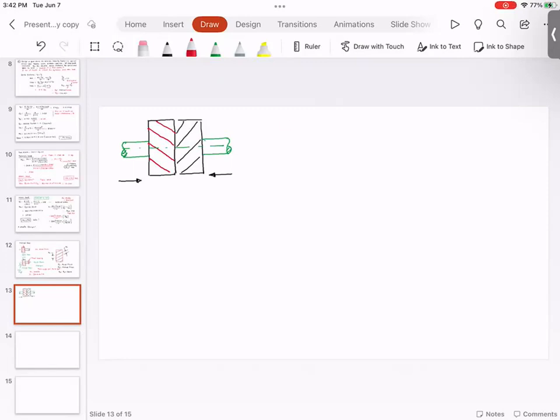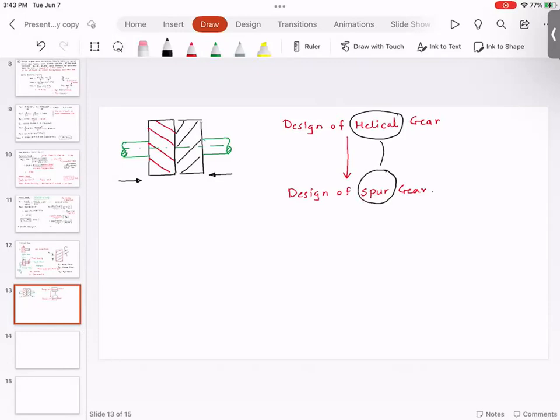Now, in terms of design of helical gear, it's same as the design of spur gear. But only difference is we are going to convert a helical gear into an equivalent spur gear.